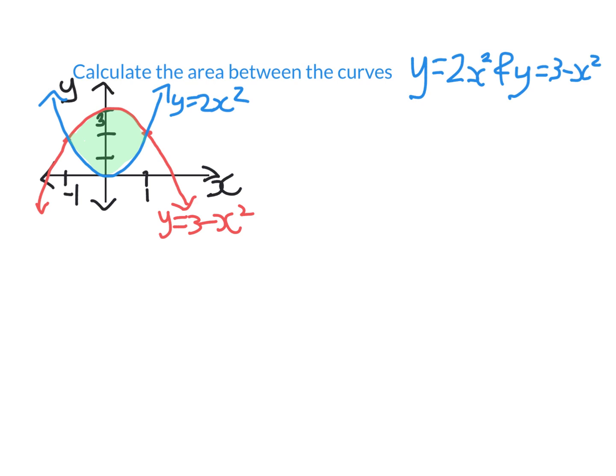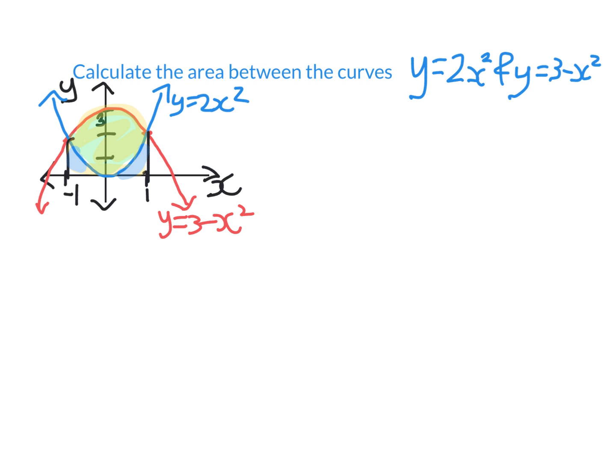So what we're really doing here is finding the area under the red curve, which is this whole area here, and subtracting the area under the blue curve, which is this part here. This whole area under the red curve, subtract the area under the blue curve, leaves the area between the two curves.